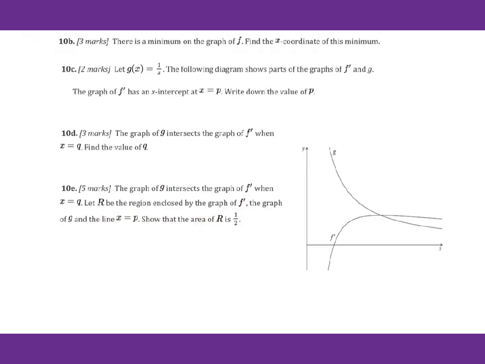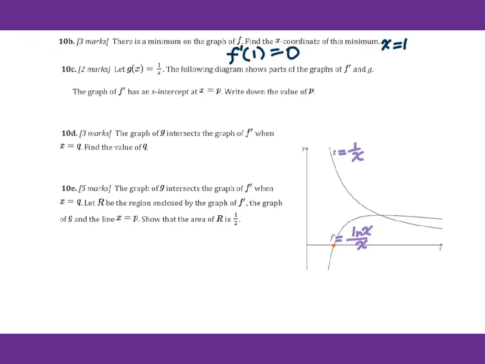C, let g of x equals 1 over x. The following diagram shows parts of the graphs of f prime and g. This g equals 1 over x. F prime equals natural log of x over x. According to 10b, at x equals 1 there is a minimum point, which means f prime of 1 equals 0.